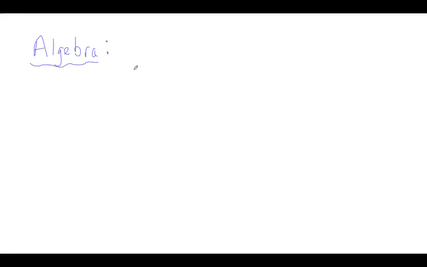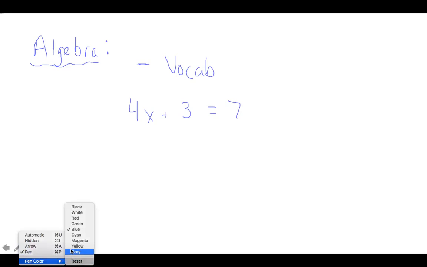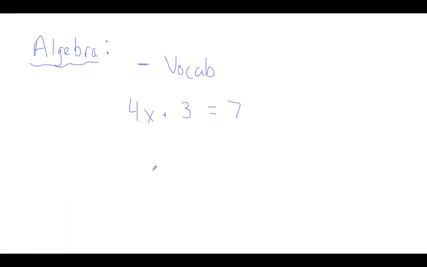One of the first things I want to talk about is just reviewing the vocabulary that we discussed for algebra. So if we have something like 4x plus 3 equals 7, okay? So this we'll talk about vocab. X in this case is a variable, right?